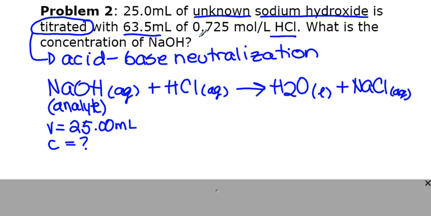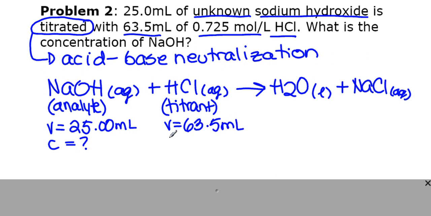We know the volume and concentration. So this is our titrant in this example. That means it's going in the burette. The volume that was used, so this was already measured from your burette, is 63.5 milliliters, and the concentration is 0.725 moles per liter.